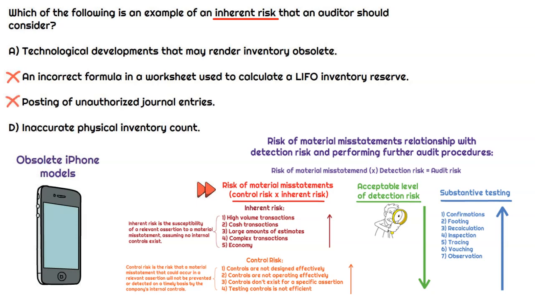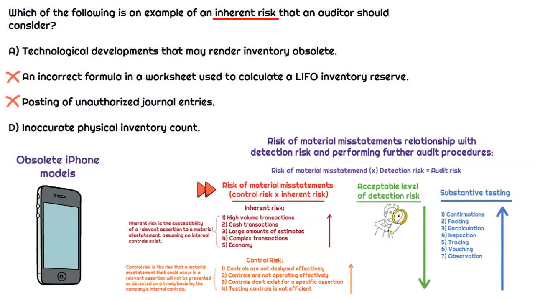And then this last one says inaccurate physical inventory count. Yeah, errors could be made, but the reality is, again, controls are in place to make sure that we have an accurate physical inventory count. So if there is an inaccuracy, well, that's not inherent risk. That would be a control risk, and that should be addressed by controls, right? So those are examples of control that, if they fail, that's control risk, right?